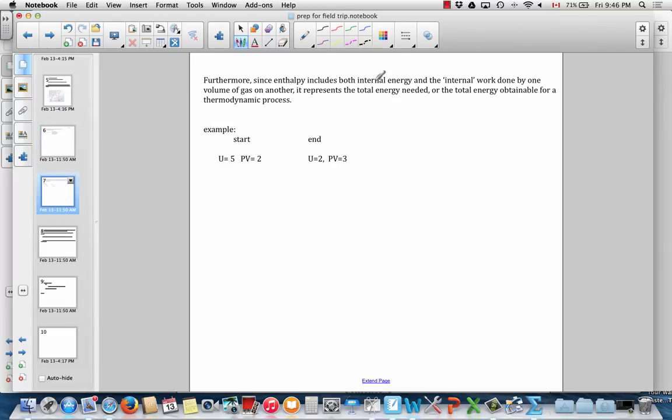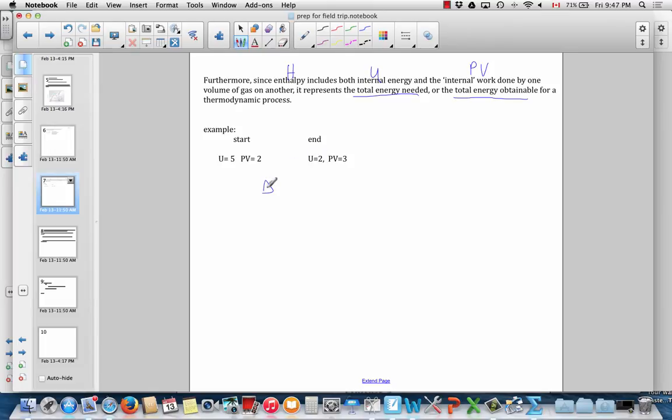Enthalpy includes both the internal energy and the internal PV work, that we're going to call it, done by one part of the gas on another part of the gas. And as a result, it represents the total energy that's needed, or the total energy that we can get from a thermodynamic process.